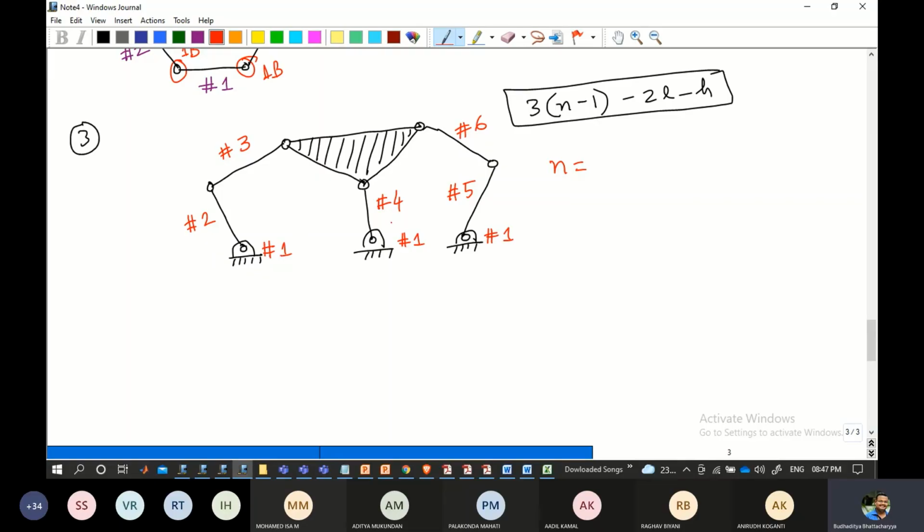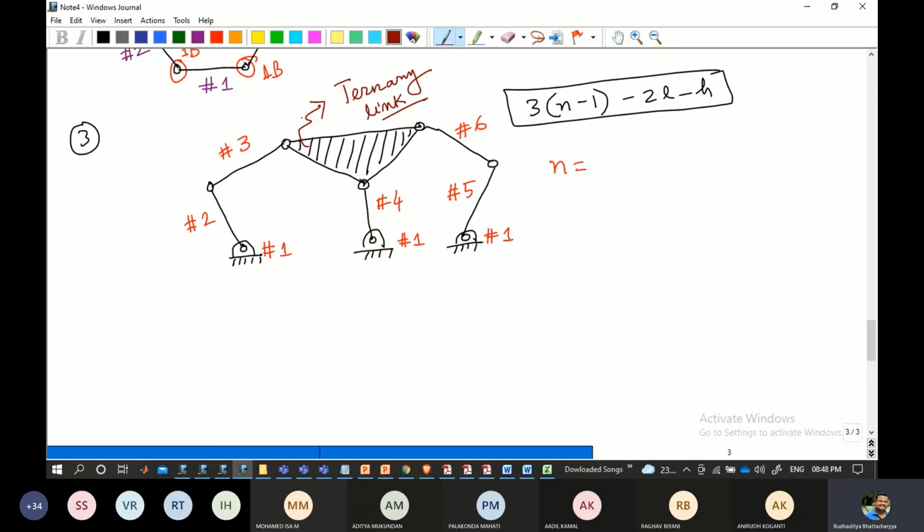This is fine. So 6 is the normal conventional link that you are looking at. But what about this shaded part? Now this is another new thing that comes up. This shaded portion, this kind of arrangement that you are looking at, is called a ternary link. Please make a note. It is called a ternary link, and the diagrammatic representation is something of this nature.